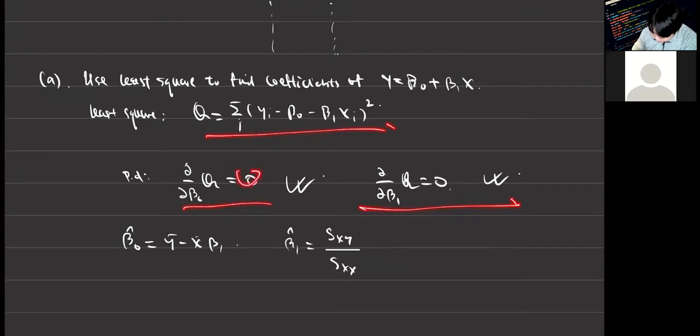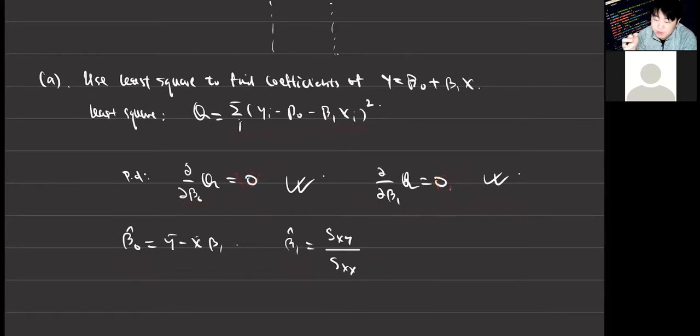You set them to 0, and the result is this one and this one. So you can find the asymptotic distribution of your beta 0 hat and beta 1 hat, using everything that we've learned before. You can find an expectation, a variance, and then an asymptotic distribution.